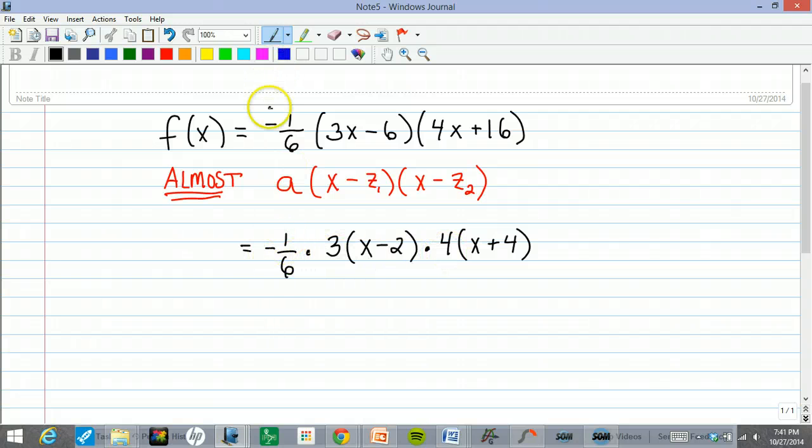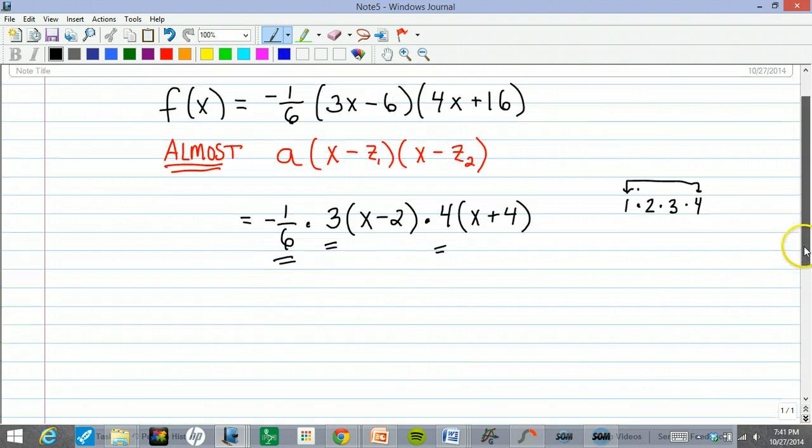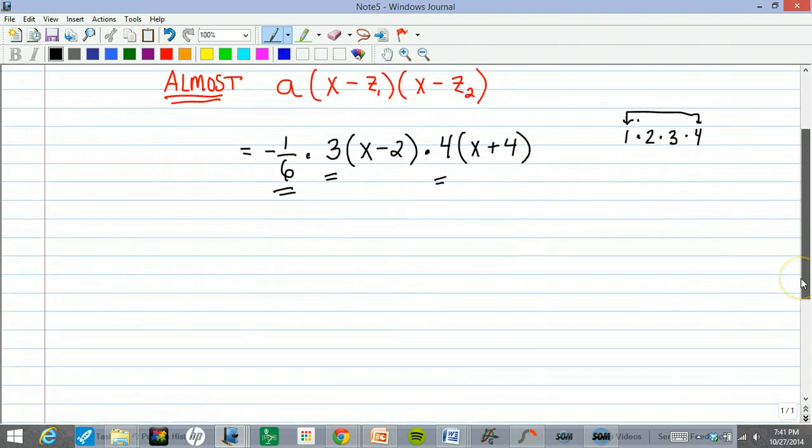So we have negative 1/6 times 3, skipping ahead here, times 4. I'm allowed to skip ahead because, think of this equation, 1 times 2 times 3 times 4. If I wanted to start this problem by doing 1 times 4 first, I'm allowed to do that because of the commutative property of multiplication. So I'm just going to multiply my numbers.